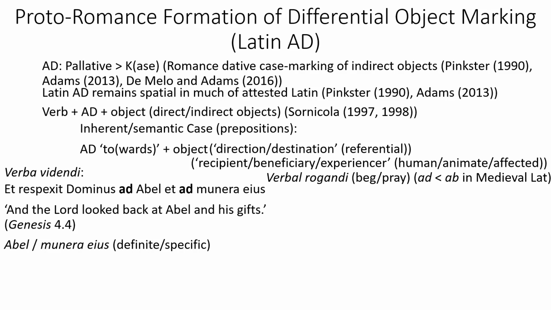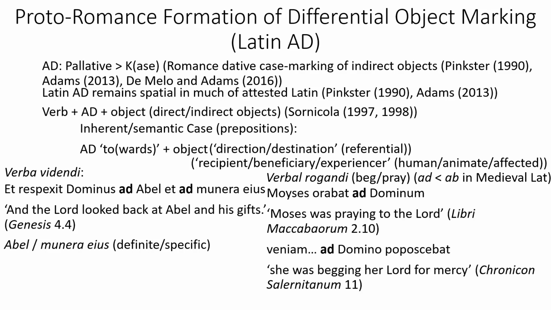The verbs of begging, which in the Christian era begin to be verbs of praying, we get examples where ad seems to derive from ab. For example, in the religious context, such as the Liber Barucli, Moses orabat ad dominum, and Moses was praying to the Lord, ad dominum.